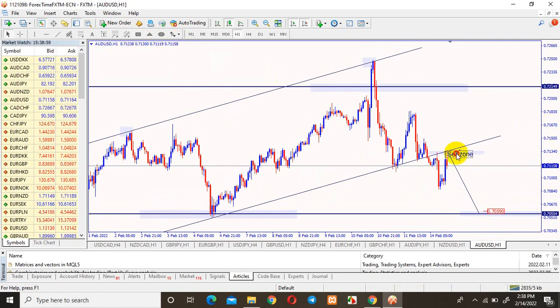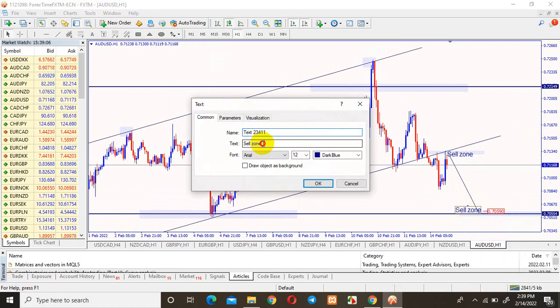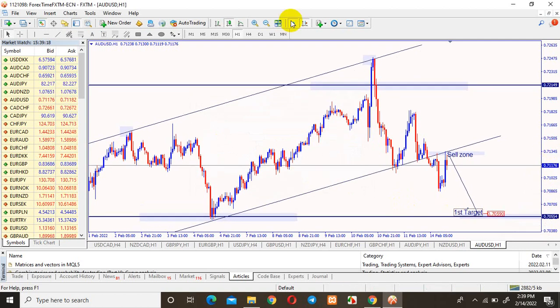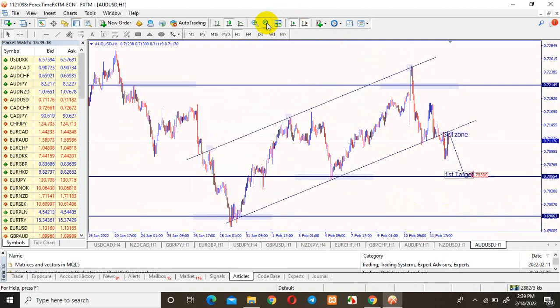So if I can go this way, let's say we take our TP. We'll call it the first target. So our first target is at 0.7059. Going further, we have another target here.